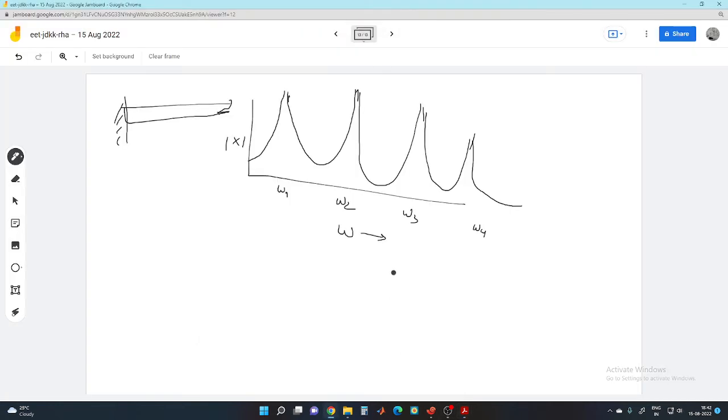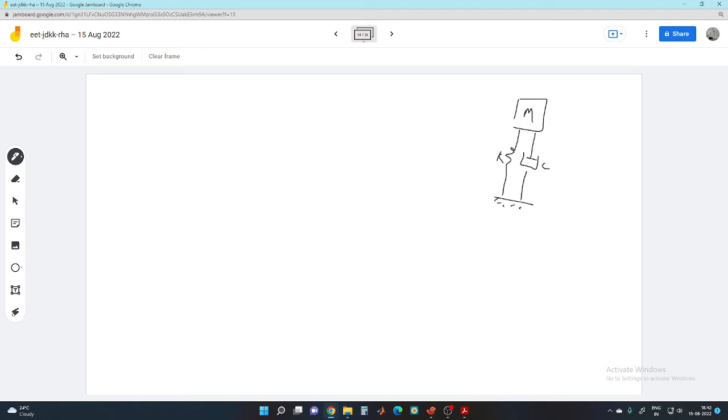So we'll go to the problem. This is the problem. We have this mass, we have the stiffness K, damping C, and in non-dimensional terms we can write that capital omega is the excitation frequency over natural frequency, and xi or zeta is the damping coefficient over critical damping coefficient, which is C by 2 root km.